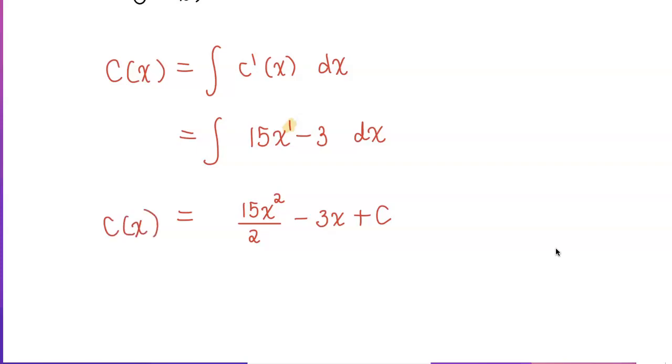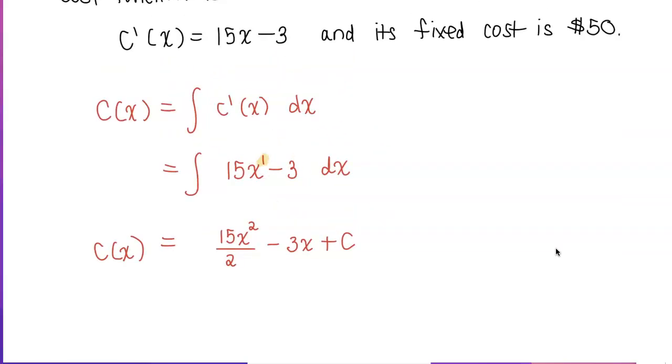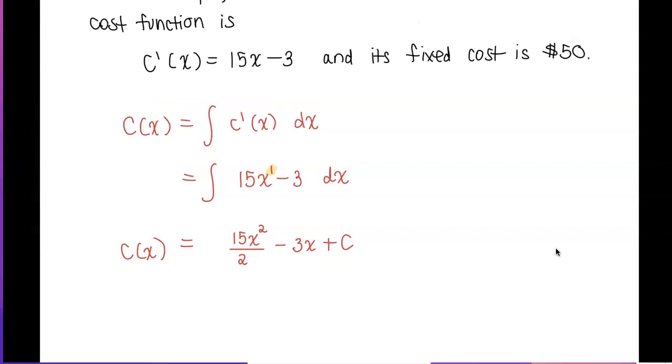Now I need to use that initial condition, and they worded it out. They said the fixed cost is $50, which means even if they don't make or sell any of this stuff, they still have to pay $50 as a fixed cost. So this is giving us that C of 0 is equal to $50.